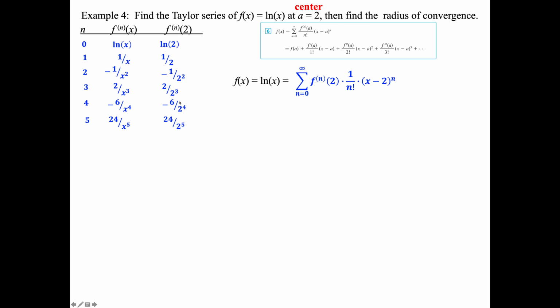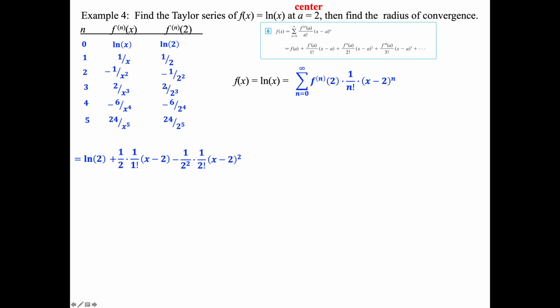So we first start out with the natural log of 2. Then we're going to have plus, because we're still positive, 1/2 times 1 over 1 factorial times x minus 2 to the first power. So if you want to put a 1 at the power, you still can. Then it's minus, because of that negative, 1 over 2 squared times 1 over 2 factorial times x minus 2 squared.